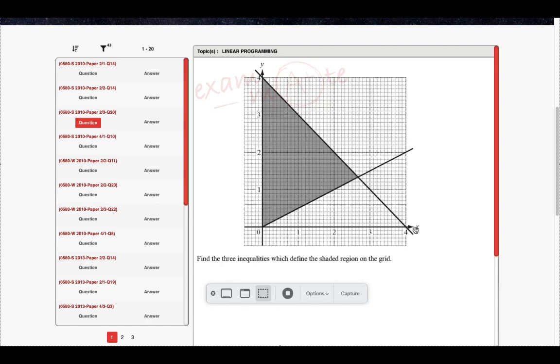It passes through the x-axis. So x is greater than or equal to 0, because they shade anything greater than 0. It is greater than or equal to because it's a solid line. This is one inequality.